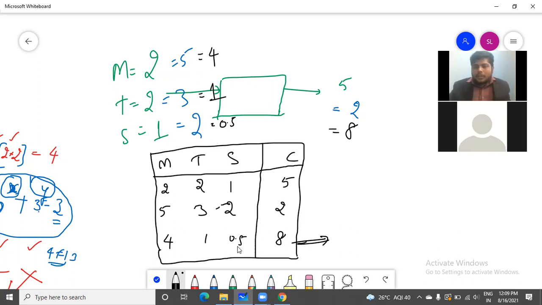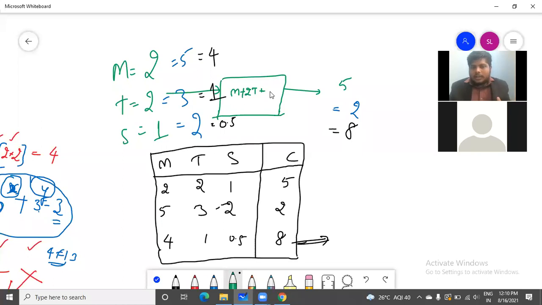Now, in simple terms, what is the relation between 4, 1 and 0.5? The relationship is something like this. We will create the relationship of X, or we will call it M, plus 2 into T, because there are so many other ways we can write the same equation, plus S into the numbers. 0.5 is my actual answer.